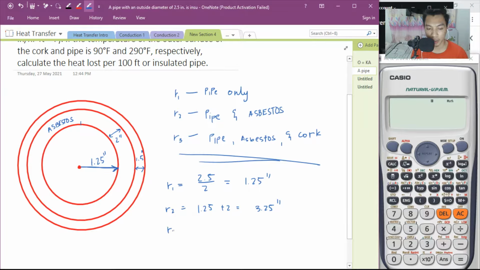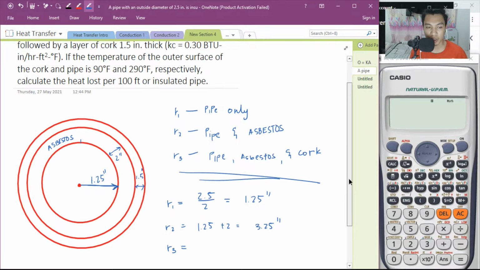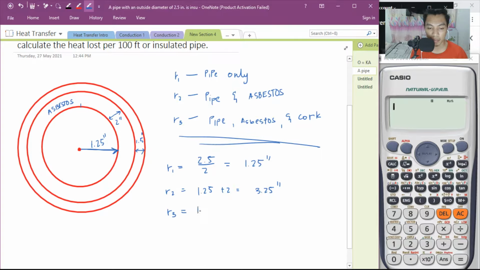Next one, R3. R3 is 1.25 plus 2 plus, ganito na lang gawin nyo para hindi ka nalilito, 1.5, equal to, excuse me, that is 4.75. So, yun na yung mga lengths nila.